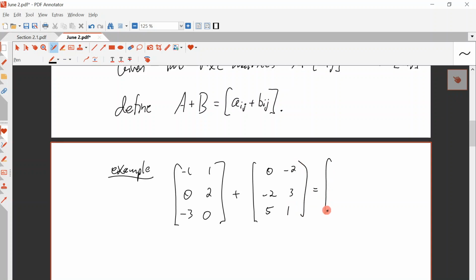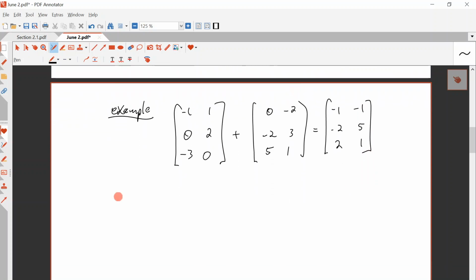This is equal to, and you just add the corresponding entries. Minus 1 plus 0 is minus 1, 1 minus 2 is minus 1, 0 plus 3 is 3, 2 plus 3 is 5, minus 3 plus 5 is 2, and 1. Okay?